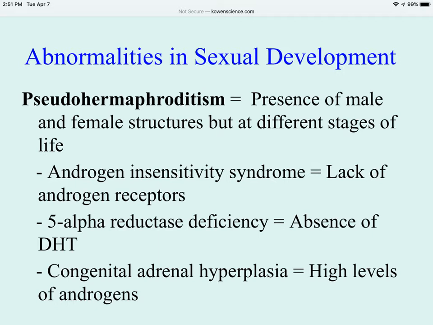And so, even though the body is XY and they're producing lots of testosterone, the person's body recognizes that as estrogen and converts it to estrogen, and then develops into a female. There's also the 5-alpha reductase deficiency, which is the absence of DHT, and that's going to keep male development from occurring. And then there's congenital adrenal hyperplasia, where you have high levels of androgens in there.